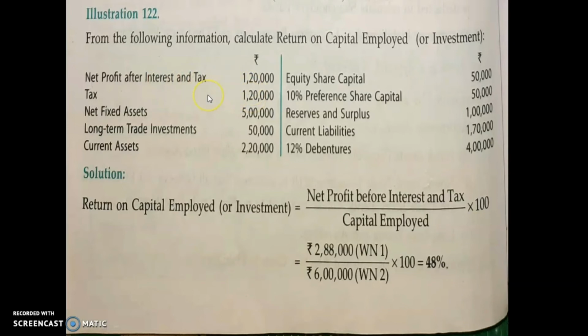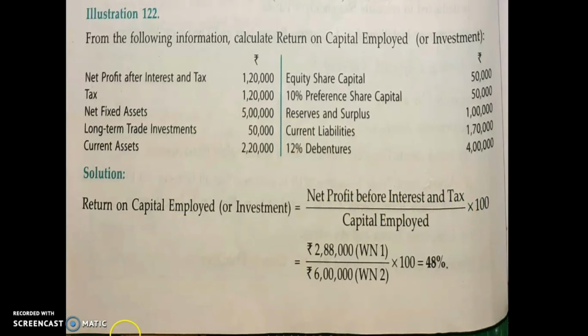In the previous question you were given only the rate. So through a working note you have to find out the amount of interest, and then add the interest on long-term borrowings, and then you got the amount of net profit before interest and tax, as in the previous problem.